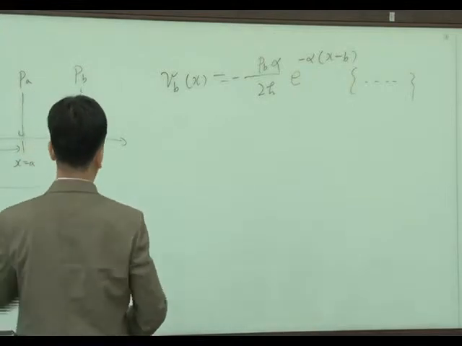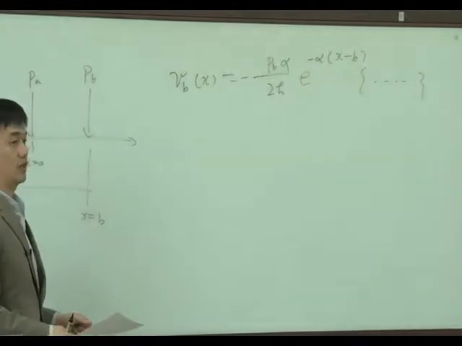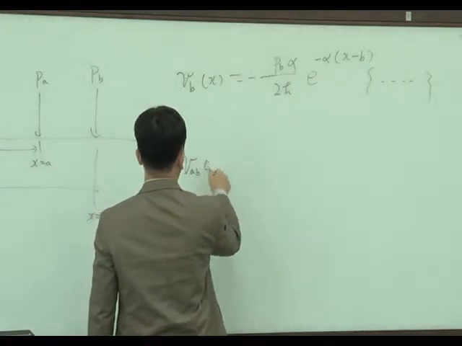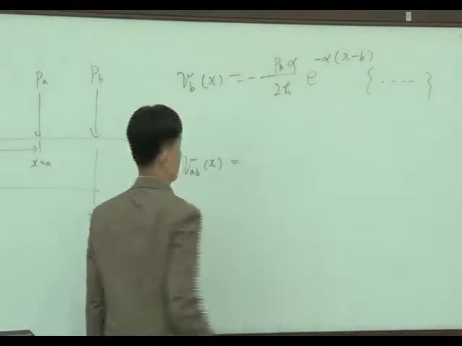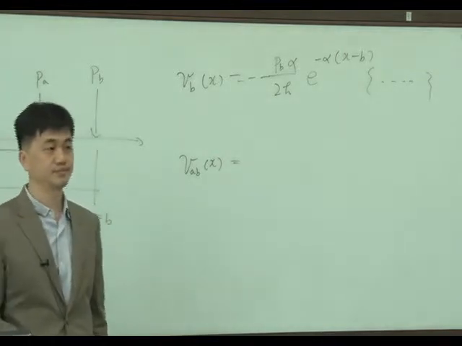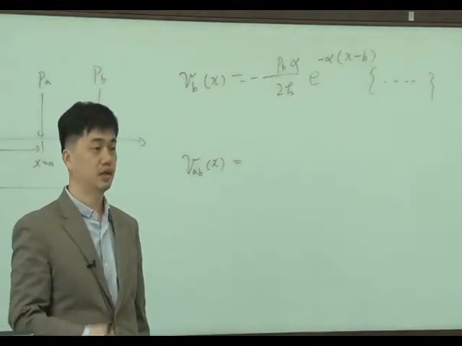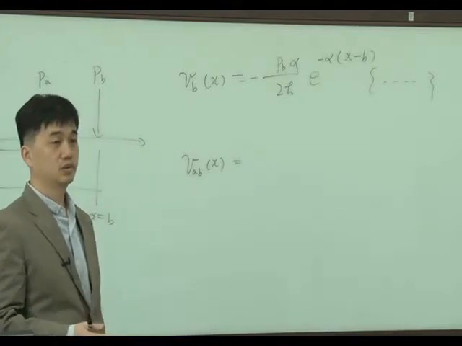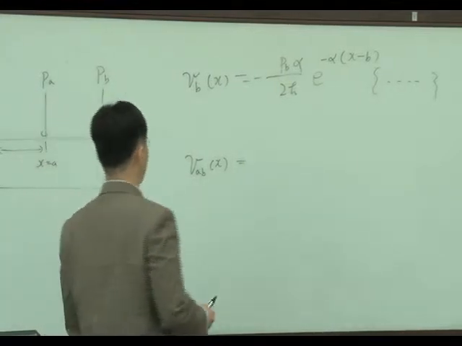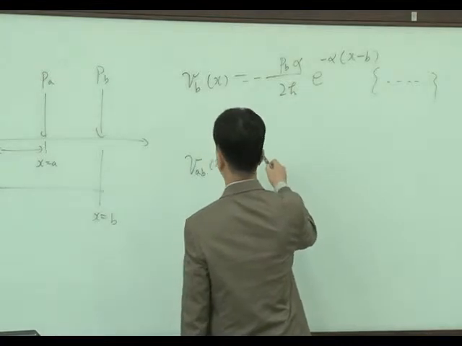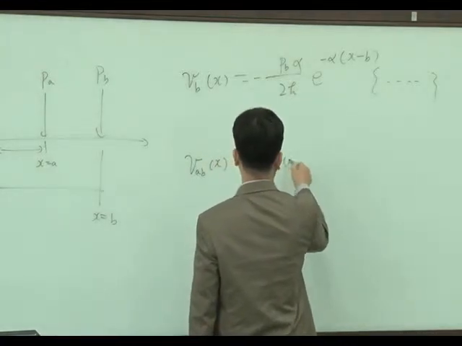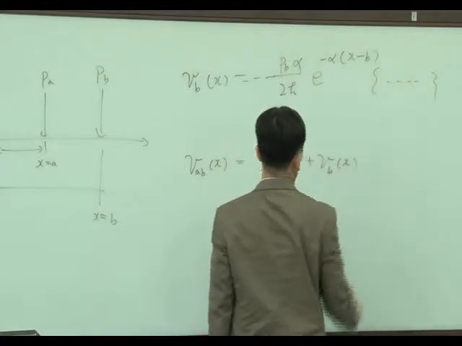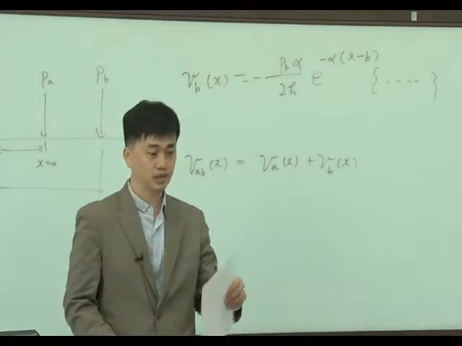Then when we have two loadings applied, let's say that the solution is VAB. How can I calculate that? This is a linear analysis. So if we sum both solutions, then that's going to be the solution for this case, VA of x plus VB of x. Very simple, right?